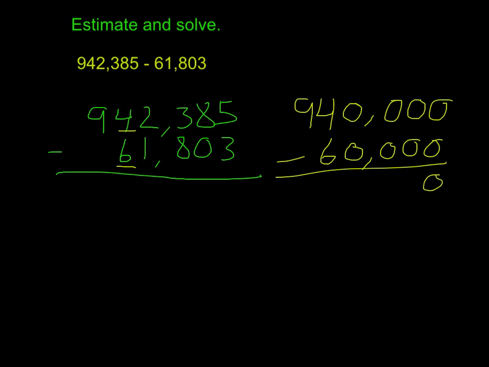This is going to give us 0, 0, 0, 0. 4 cannot subtract 6, so we're going to regroup. We're going to borrow. That 9 then is going to become an 8. Our 4 there is going to become a 14, and 14 subtract 6 is going to be 8.